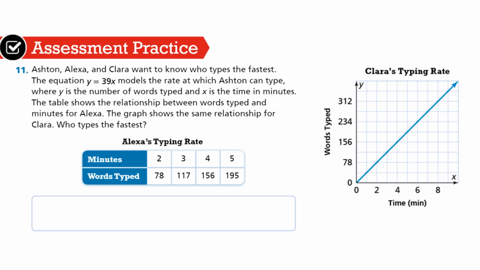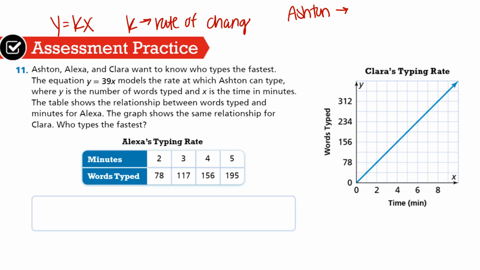So with our three values, we have Ashton, which is our equation, y equals 39x. In the equation y equals kx, k is the rate of change. And so for Ashton, it would be 39 words per minute. For Alexa, we're going to solve the table.